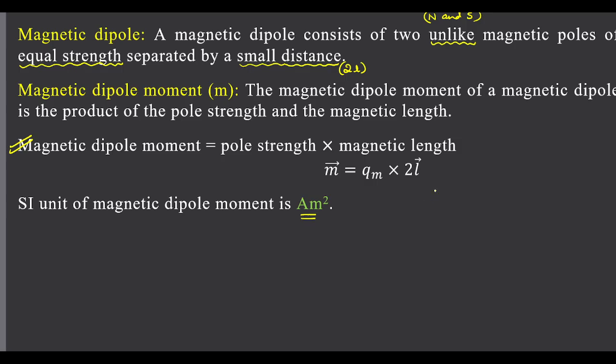In moving charges and magnetism, we stated that dipole moment M is given by I into A, so we get ampere for current and meter square for area as the unit. So try to remember this formula, M is equal to Qm into 2L, where Qm is pole strength.